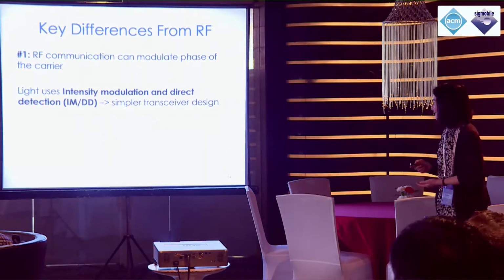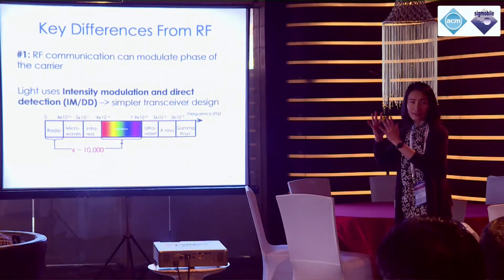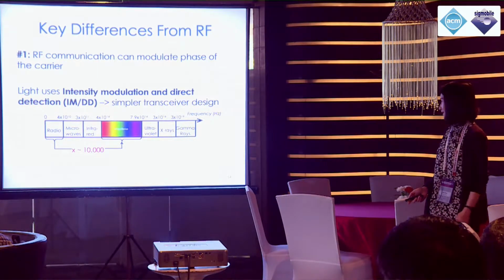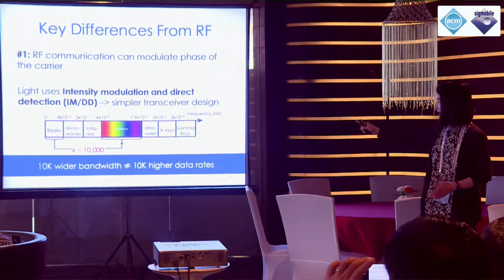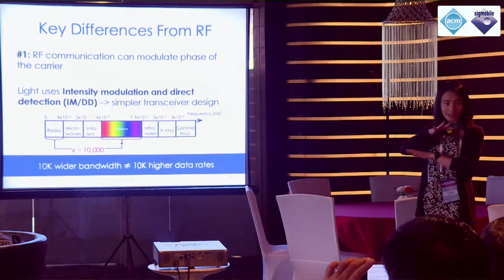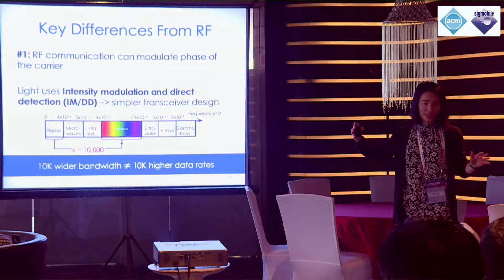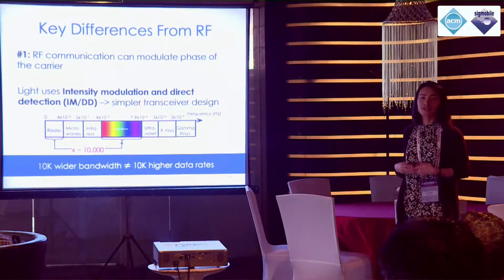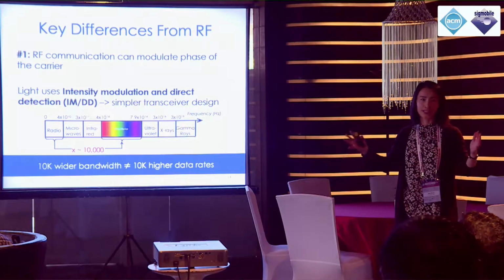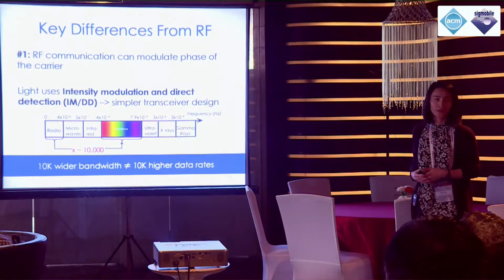But it also means, although the visible light spectrum is 10,000 times wider than the radio spectrum in total, it doesn't mean you will have 10,000 times higher bit rate, because they are using completely different modulation schemes. Maybe with nanotechnology capable of modulating the phase of light in the future, we'll be able to better unleash the potential of the wide visible light spectrum. But today, we're limited by intensity-based modulation to encode data.